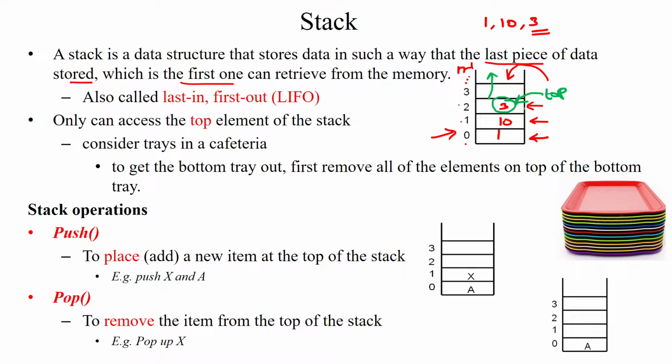So 3 will be accessed first, 10 will be accessed second, and 1 will be accessed third. In this sequence we can access the data from the stack.